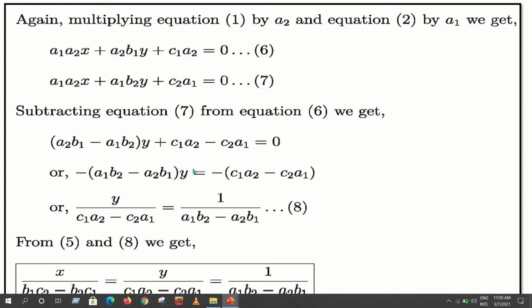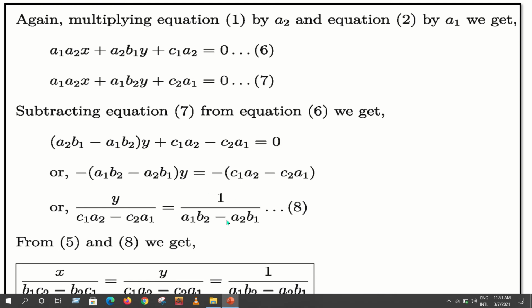As a result, here will be y divided by this part and here will be 1 divided by this part, as minus minus cancel. Here also 1 into this, and 1 into this is a form of multiplication. When we convert this to the left side, it becomes divide, and here this into y. When we convert this to the right side, it becomes divide.